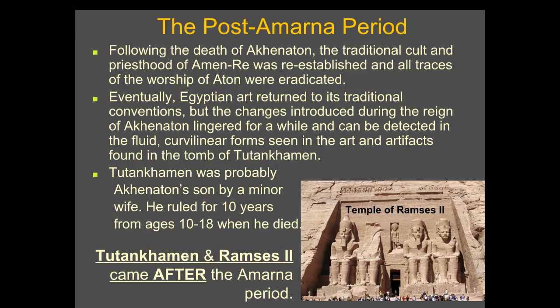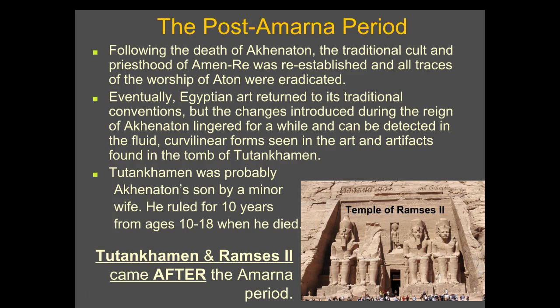So, post-Amarna period. Following the death of Akhenaten, the traditional cult and priesthoods of Amun-Ra were re-established, and all traces of the worship of Aten were eradicated. Eventually, Egyptian art returned to its traditional conventions, but the changes introduced during the reign of Akhenaten lingered for a long while, and can be detected in the fluid, curvilinear forms seen in the art and artifacts found in the tombs of Tutankhamun.